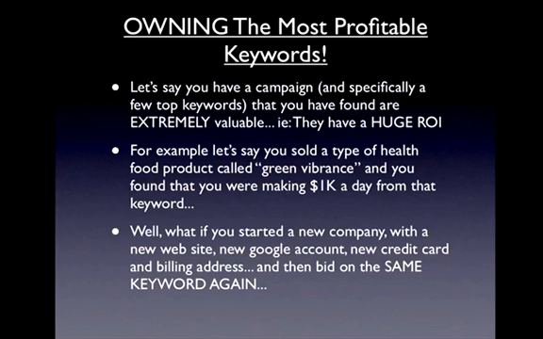You put up a new website, this time called Best Green Vibrance Prices.com or whatever, and you have a new Google campaign that's sending traffic to this new website. So now you're positioned not only number 1 on the page, you're positioned number 1 and number 2, and you could potentially have almost doubled your profits.